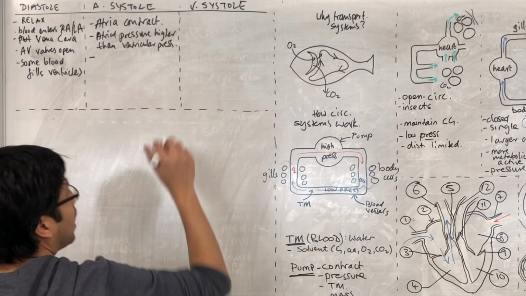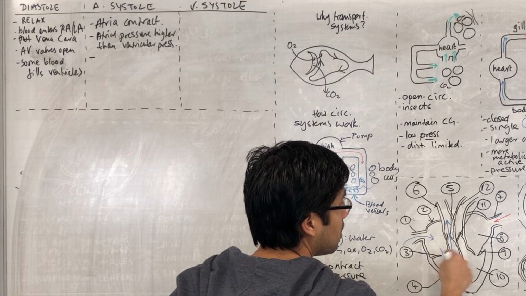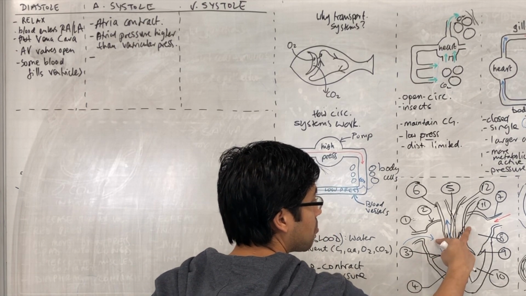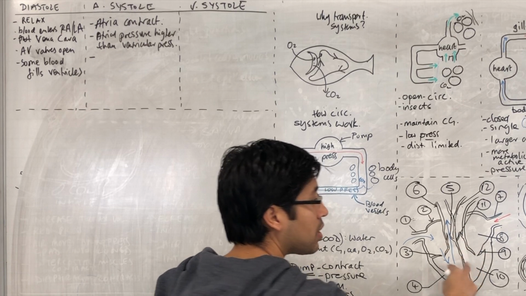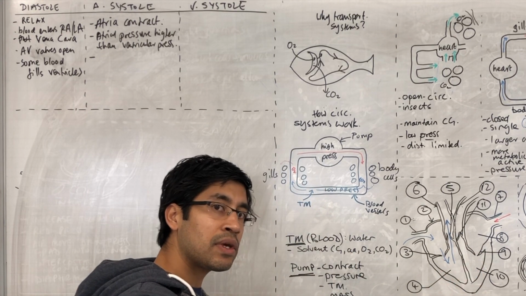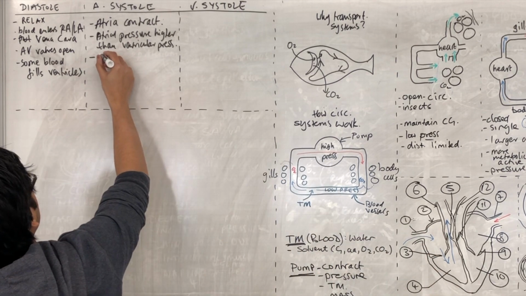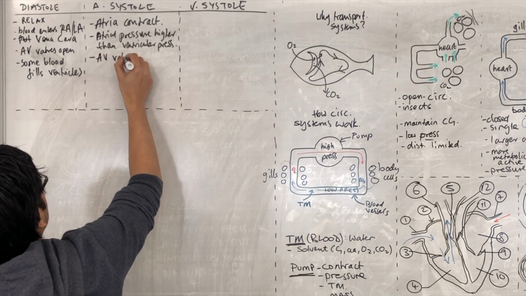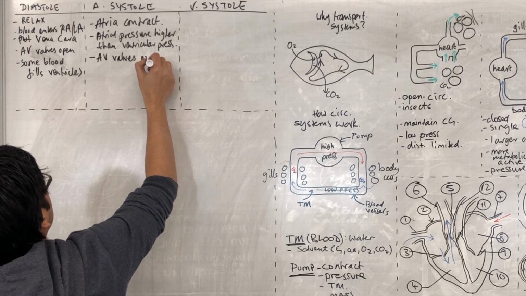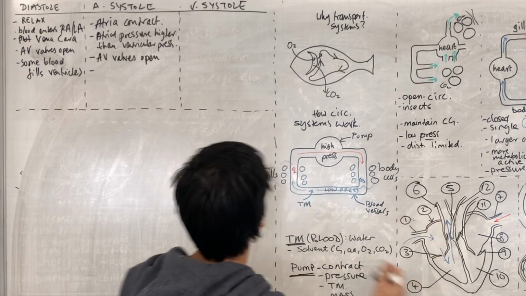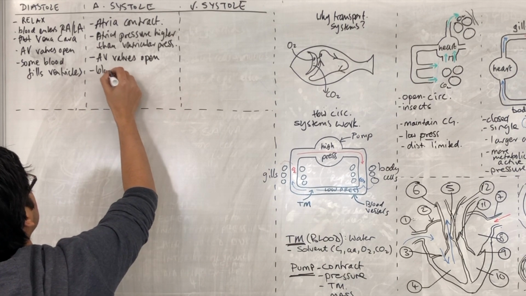Actually, before that happens, the valves open. Because the pressure in the atria is higher than the ventricular pressure, the tricuspid and the bicuspid valves open. So the AV valves open, and blood enters the ventricles.